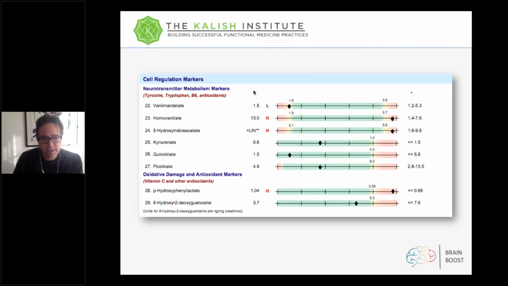The other thing, if we look down here at marker number 28, that is a marker for oxidative damage in the body, and that is being inflamed. And that's not a great thing to have. This oxidative damage, marker 28 and 29, they're actually measuring the breakdown products of our DNA, and so these markers are incredibly important to have within range for future health.